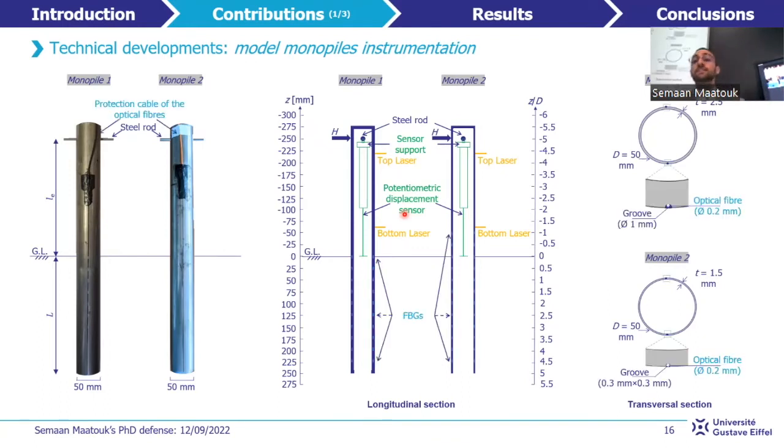And last but not least, each model is instrumented, not this time with strain gauges, but with 2 identical diametrically opposed optical fibers fixed inside the thickness of the monopile cross sections in the loading direction. Within each fiber, several fiber Bragg grating sensors are implemented over the monopile length, each half a diameter from its base, in order to measure the external axial deformation of the monopile during its loading at different cross sections.